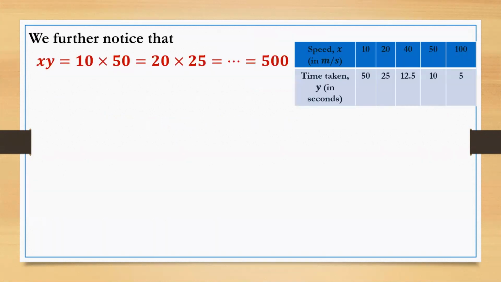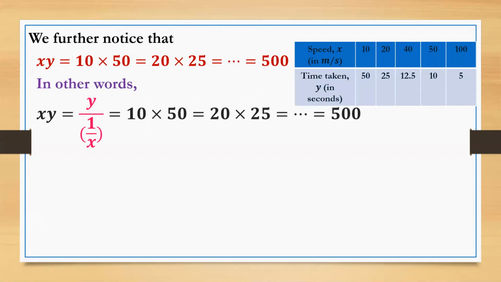We can further notice that if we multiply x by y, 10 times 50 is 500, 20 times 25 is 500, 40 times 12.5 is equal to 500. Similarly, for the other two columns, when we multiply x by y, we get 500.